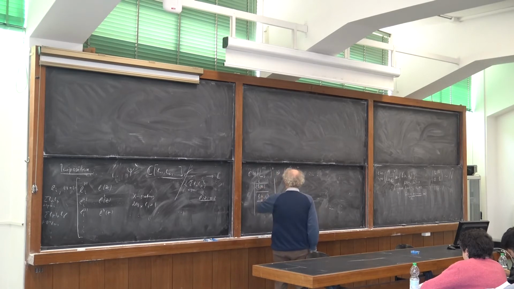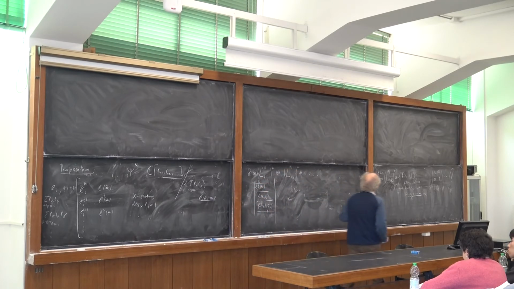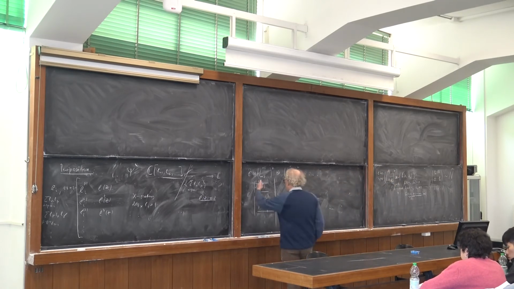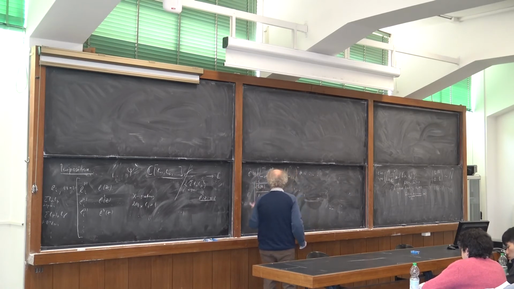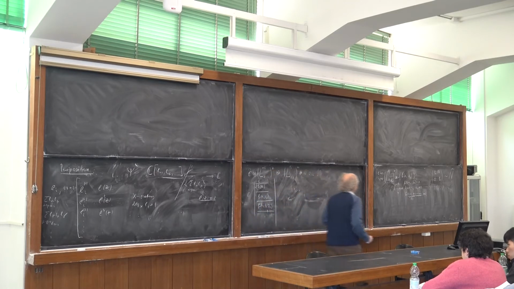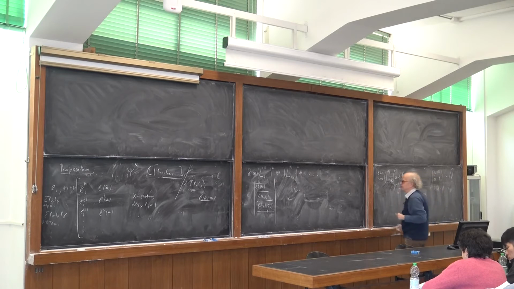Fine, and all these polynomials have x degrees in my space, so it is a summation. Each element is a sum of such polynomials, and such polynomials are symmetric, and they all satisfy this condition, but for k equal 1.